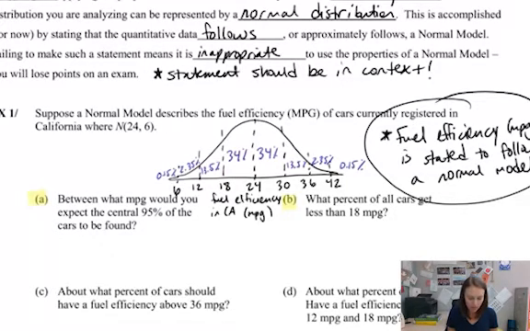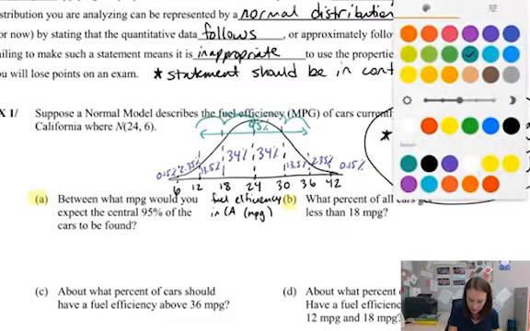So between what miles per gallon would you expect the central 95% of the cars to be found? So remember, it goes 68, 95, 99.7. So 95% is going to be within 2 standard deviations of our mean. So if I go 2 in this direction and 2 in this direction, I'm going to get that 95%. So we can see the answer there.